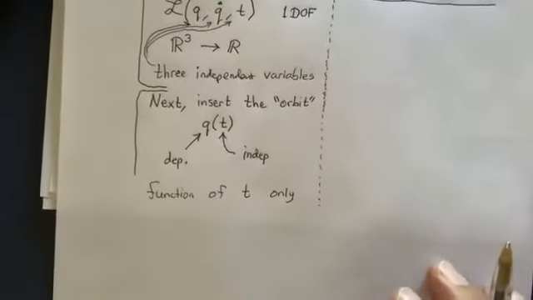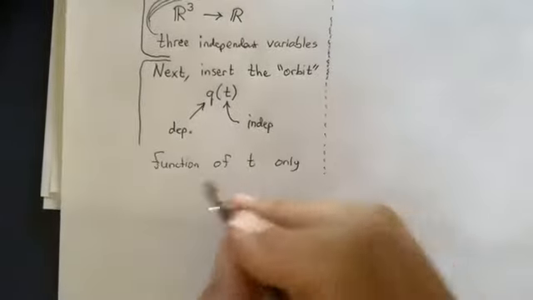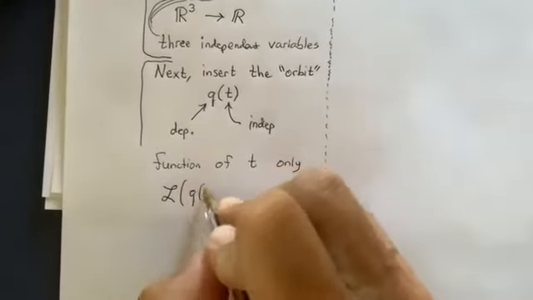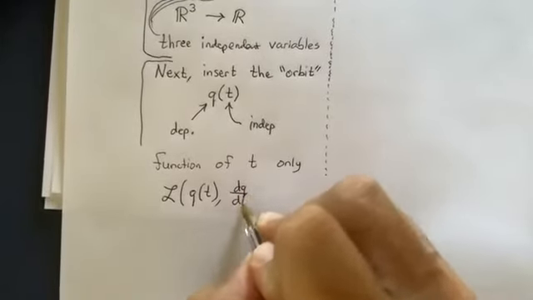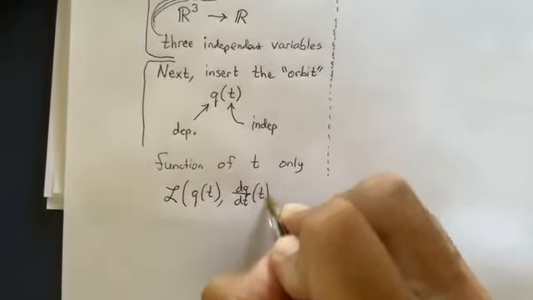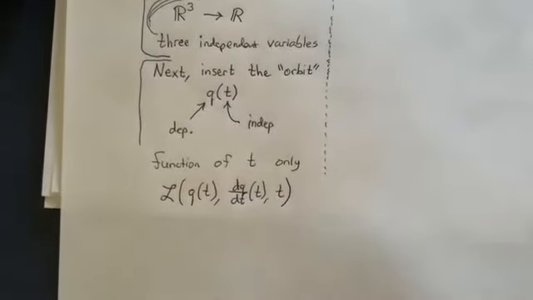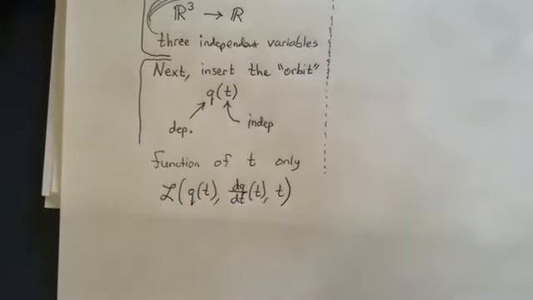Okay, so the resulting construction gives us a function of the time t only. We have the Lagrangian. Okay, so that's the resulting construction. It is now a function of a single variable t.